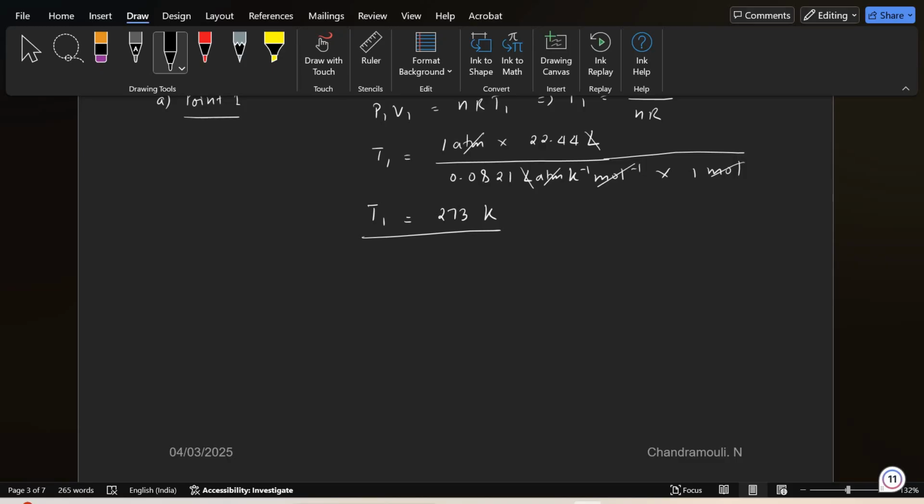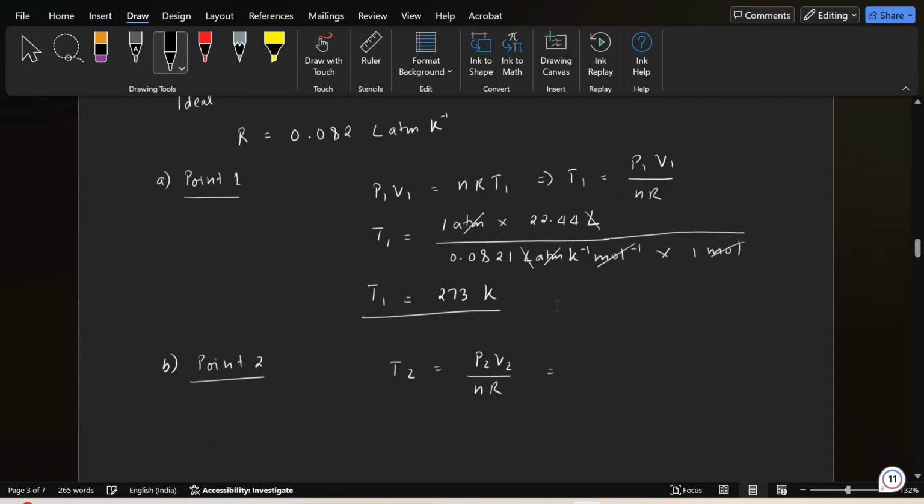So next is the second point. Again, we can write the same formula. T2 is equal to P2 V2 by NR. I'll not write the units now, because we already know. What is the P2 value?